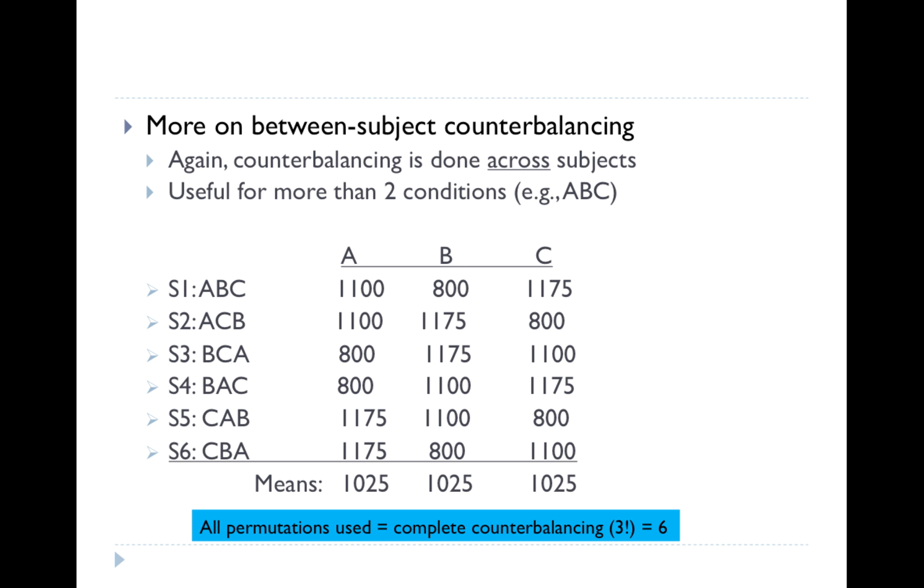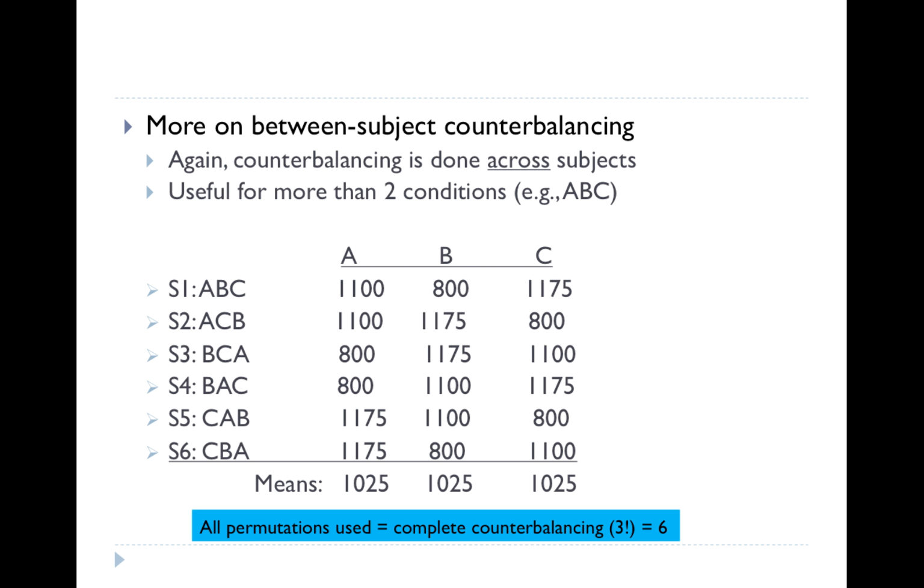That's a pretty substantial number of subjects that you would need. So in this case, you would do complete counterbalancing where subject 1 comes in and sees the study in the order of A, B, C. A we said was Rice Krispies, B was Wheaties, and let's say C was oatmeal.